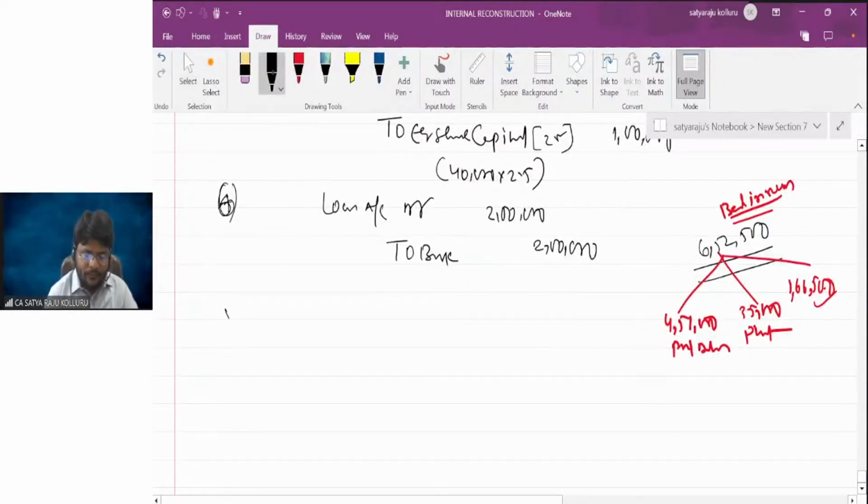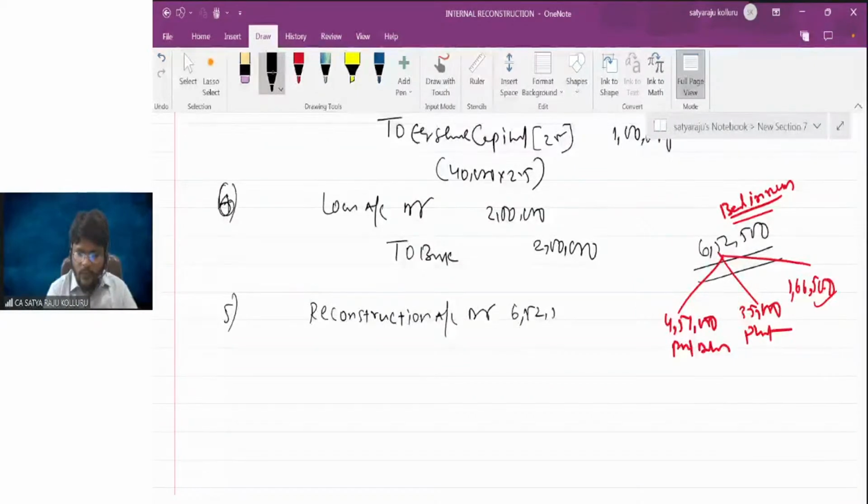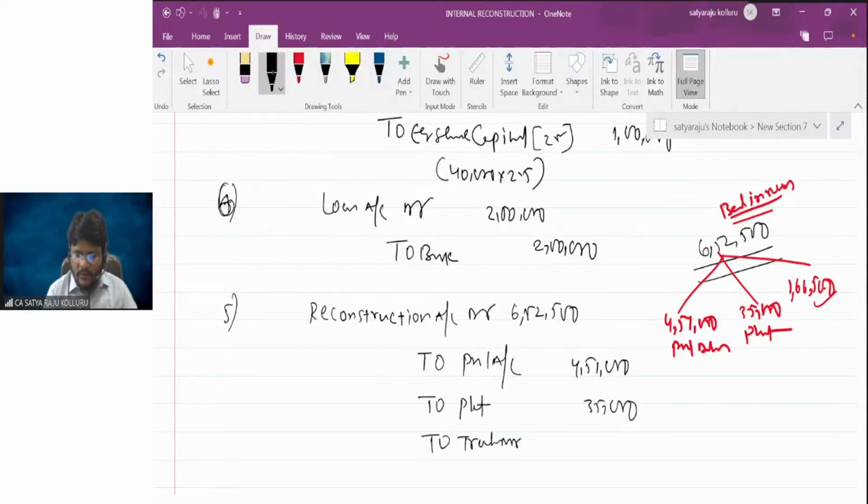Now, reconstruction account debit, 6,52,500 to P&L account 4,51,000, to plant 35,000, to trademarks and goodwill 1,66,500.